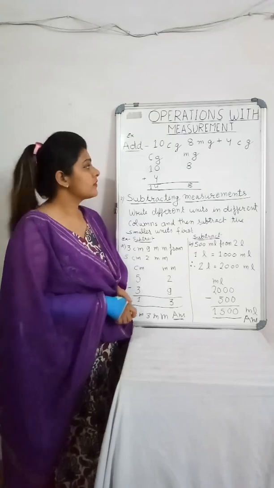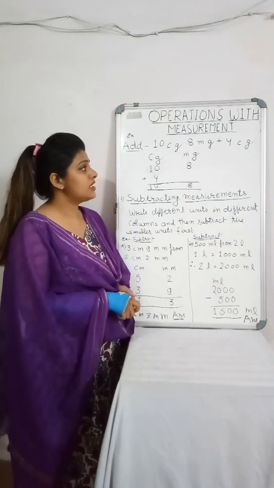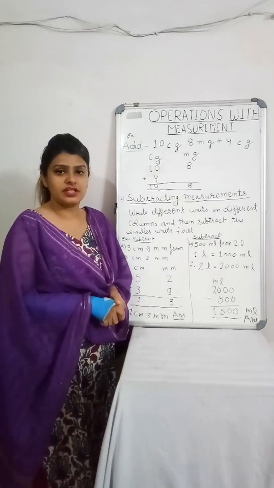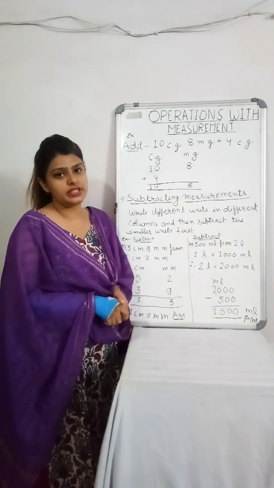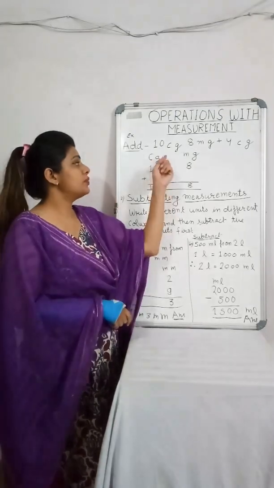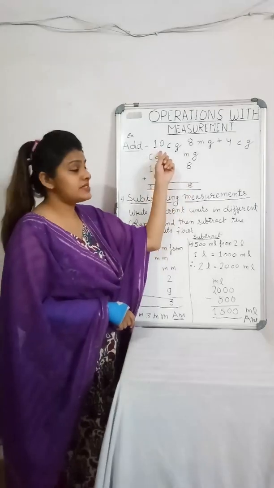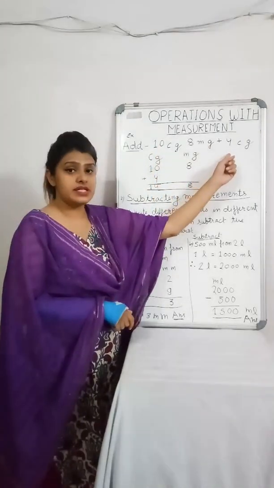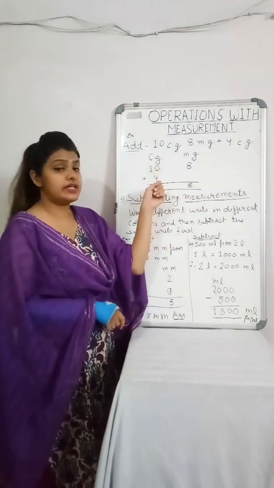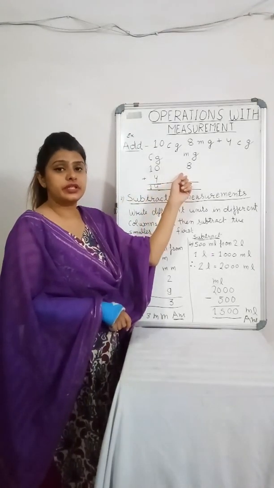Next example, add 10 centigrams 8 milligrams plus 4 centigrams. Here you can see there are two units, centigram and milligram. So first we will separate these in separate columns. Now 10 centigrams and 4 centigrams will be written in the centigrams heading, and then 8 milligrams will be written here.